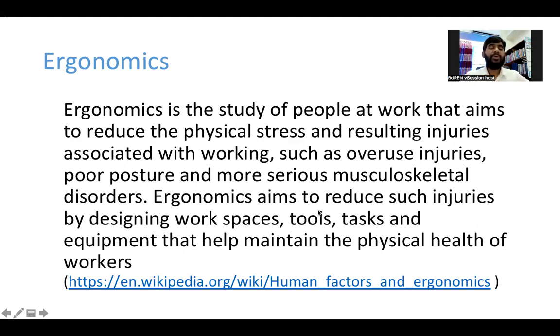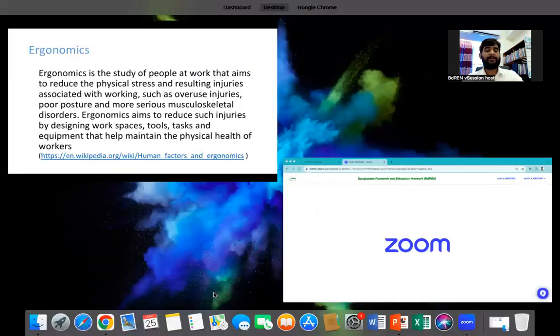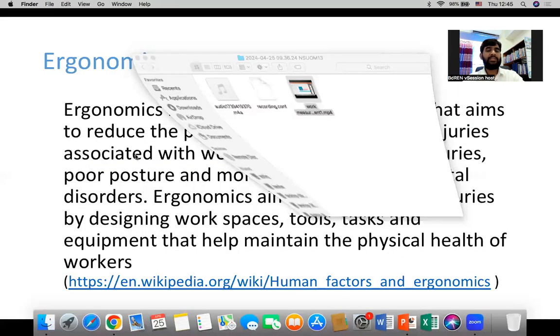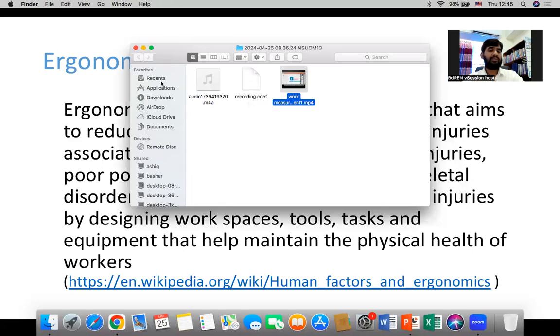Also, there is a separate wing in the company known as industrial engineering. They study the position. An example is given here, but I forgot to include that in my slides. Just a moment. The example will make it more clear.